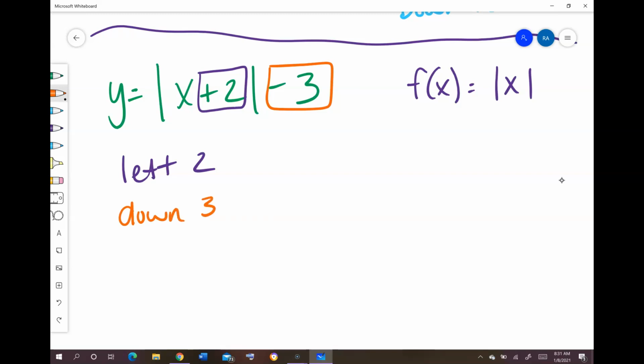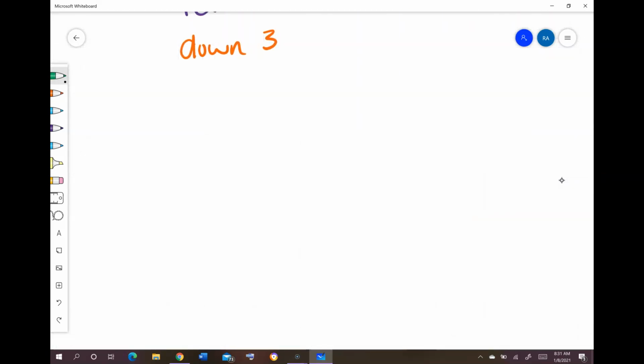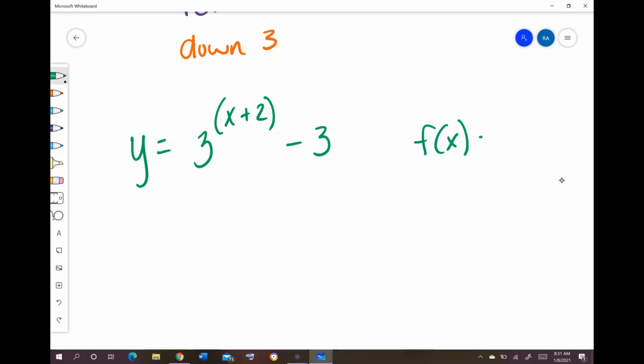Okay? All right. Same thing if I gave you an exponential. You haven't seen those in a while. What if I gave you y equals 3 to the x plus 2 minus 3. And I tell you that the function is 3 to the x. So whatever's not the function is a transformation. Are y'all seeing that? That's what I want you to learn from the function notation.